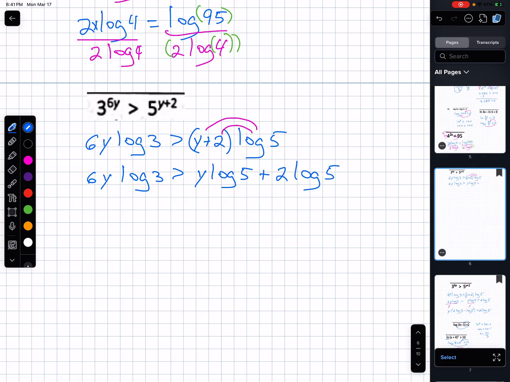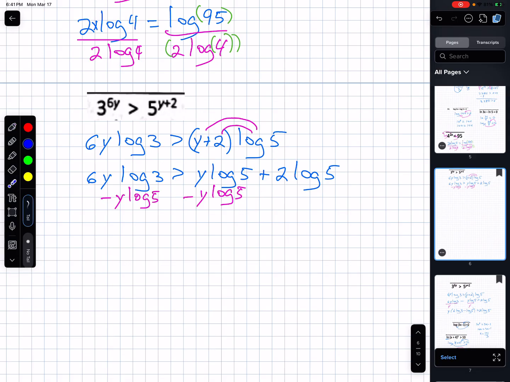This one's good to pause on. It's going to be okay, I'm going to get this. So when I have y's on both sides, I want to get all the y's to one side because then I can factor out a y. So subtract y log 5, minus y log 5.